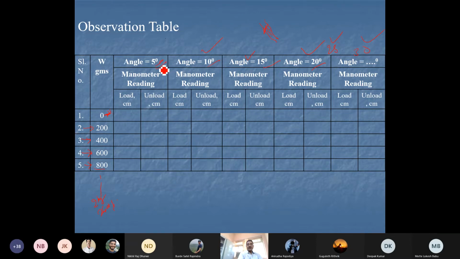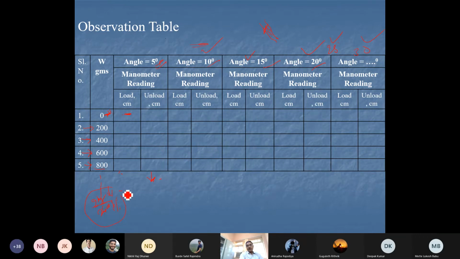The reason is that at 5 degrees we cannot go to more than 2 kg or so. If we increase the angle from horizontal, we can put more weight and still show the level of water in the manometric tube. So when we are loading, we need to find the level of water in the manometric tube, and from the last we remove weights one by one in the same way we added them, so that there is the least disturbance to the system.